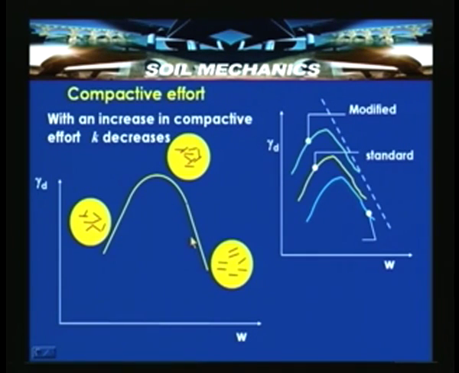The discussion we already had is because of the type of soil structure prevailing at that particular void ratio. With an increase in the compactive effort, the K value decreases. Modified Proctor compaction can induce more packing of the soil particles, so the permeability value decreases. Similarly, on the wet side of the optimum the permeability value decreases.